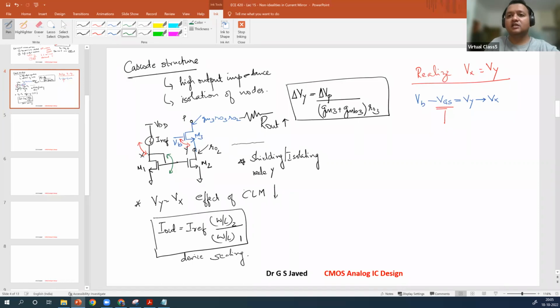So you can introduce another diode drop here. So here is going to be the original M1, M2 current mirror.